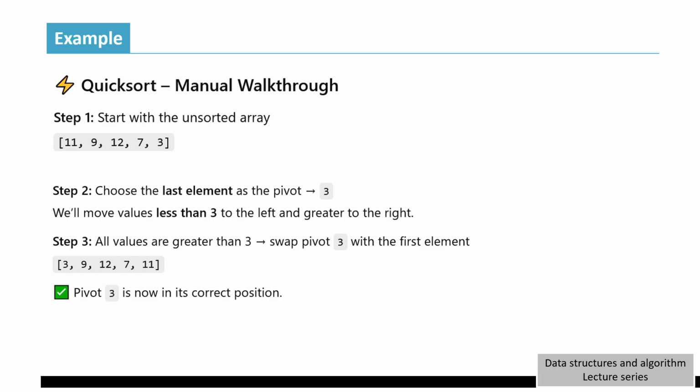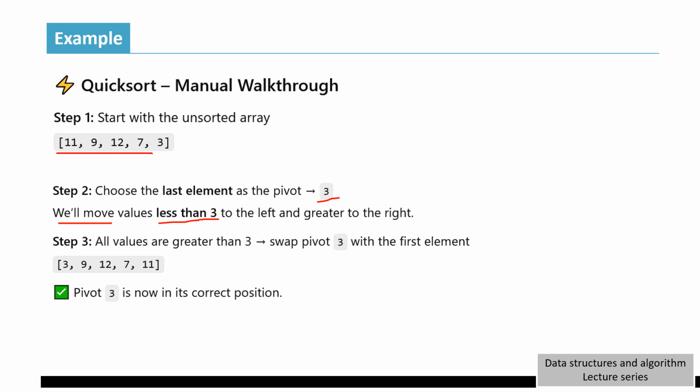And suppose we are choosing the last element as the pivot, for example, which is 3. Now we will move values less than 3 to the left and greater than 3 to the right. You can see in this array that all the values are greater than 3.